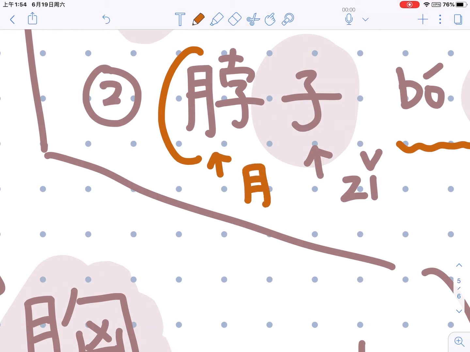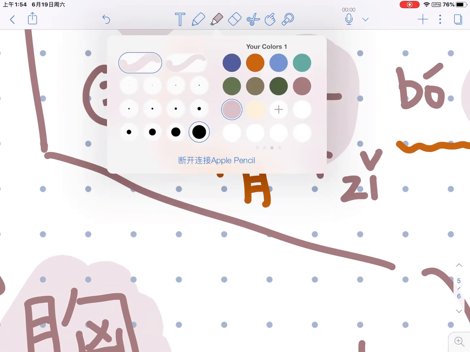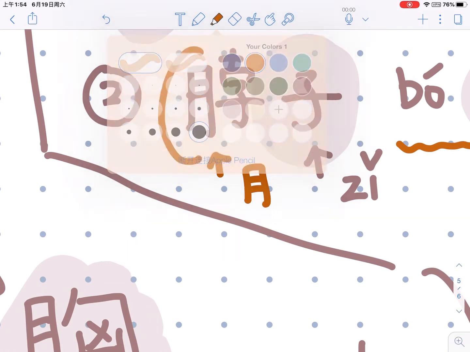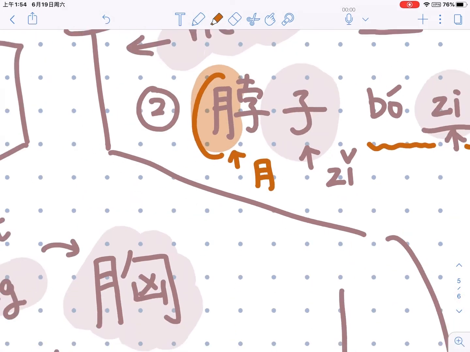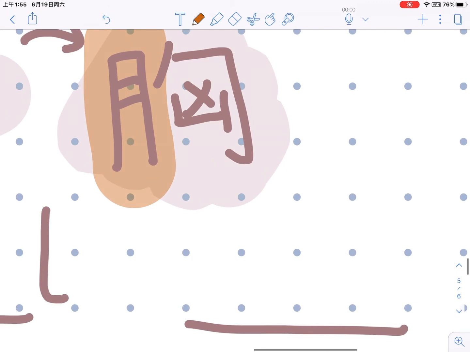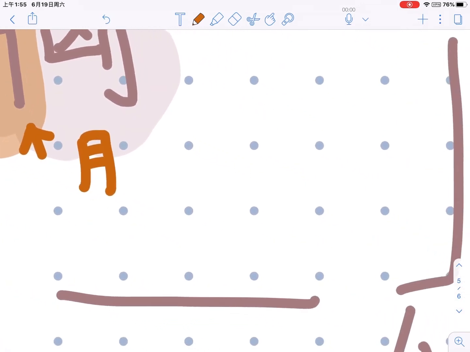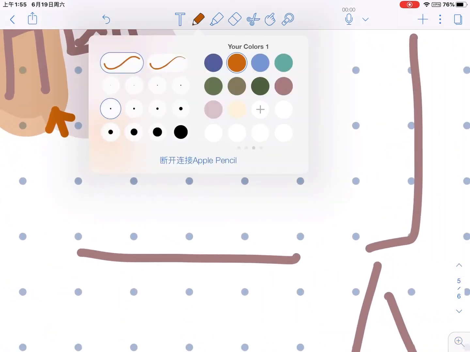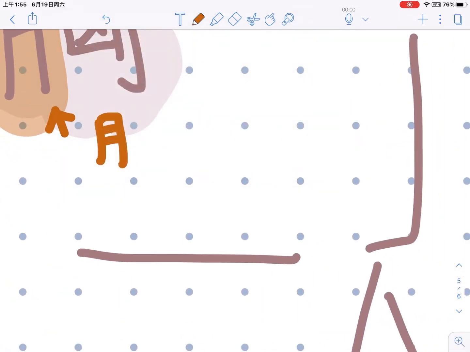Maybe you do not know its meaning, but I will just highlight it. And then you would notice in the character 胸, the left part is exactly the same, 月.